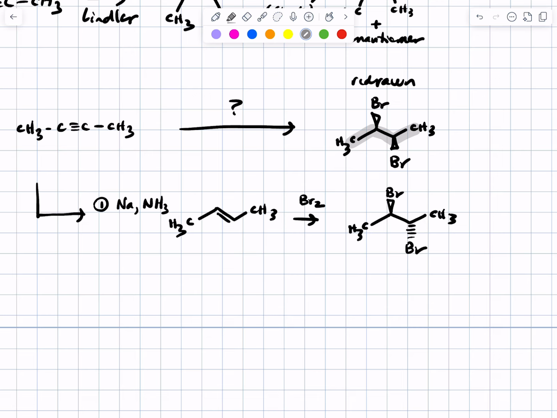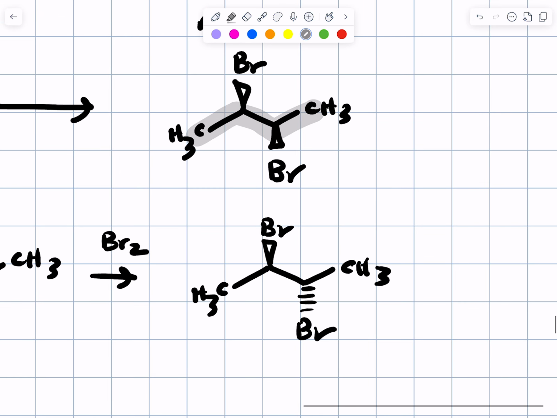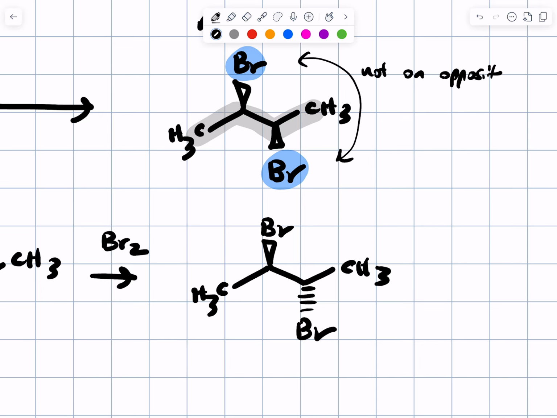Do you see the two things you had to get right? You had to get right alkene stereochemistry and also anti-addition of Br2. If you're in too much of a hurry, you will miss the fact that these two were not on opposite sides.